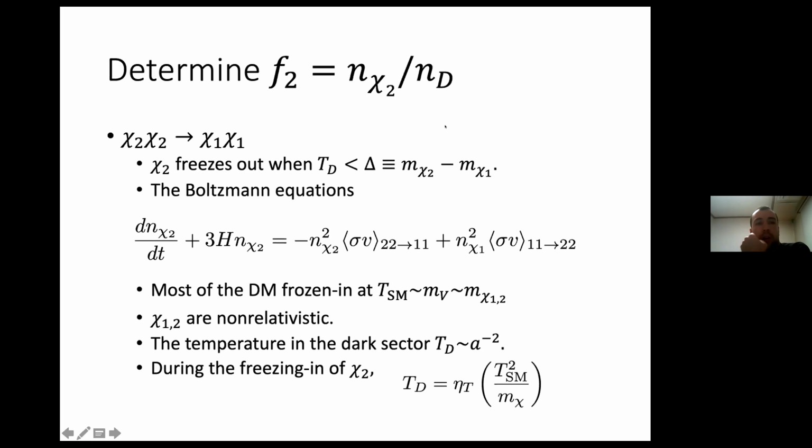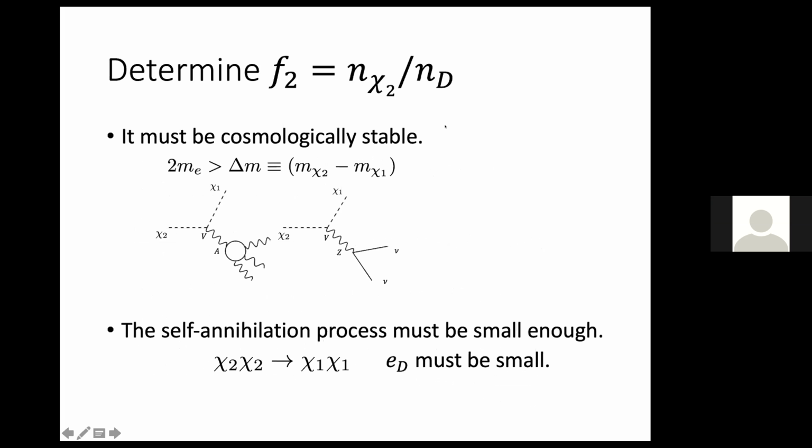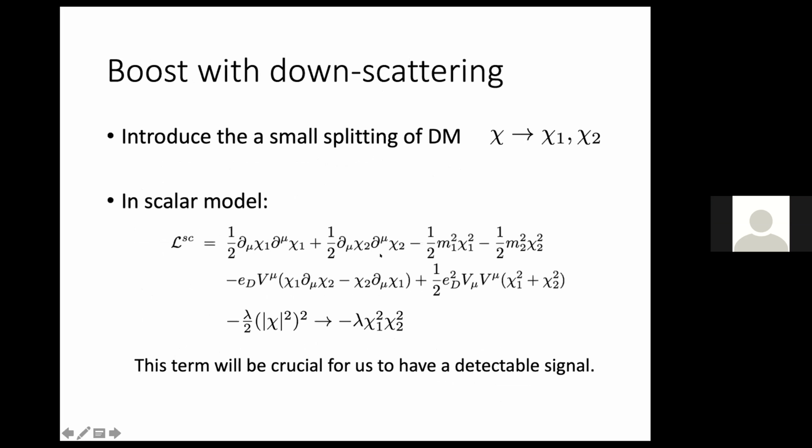What I wonder is how can this annihilation channel be relevant in the freezing-in mechanism assumption that you have? Because in the freezing-in assumption, Chi1 and Chi2 are frozen in together, right? Yeah, because you can see this interaction is actually off diagonal.